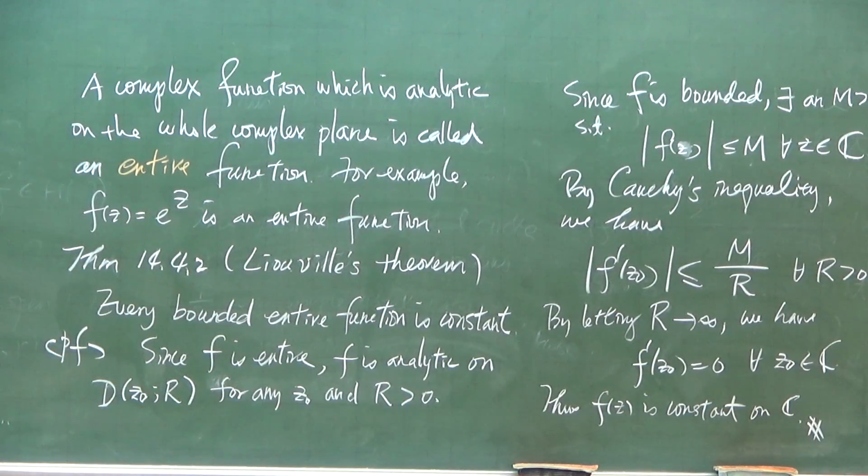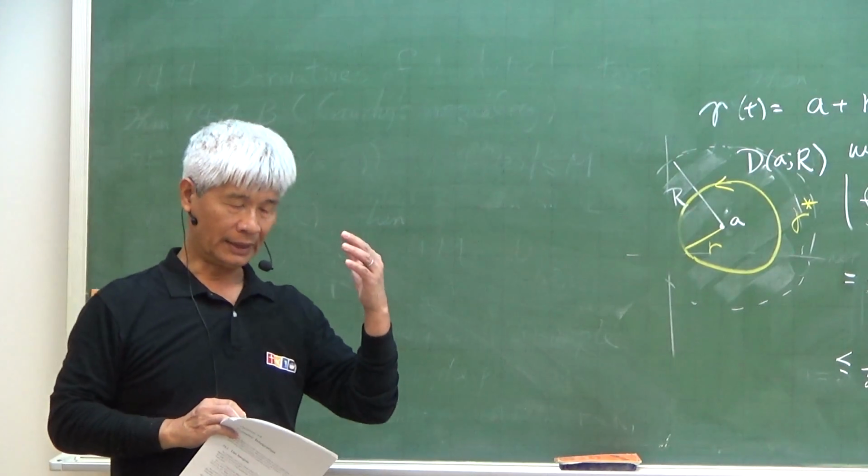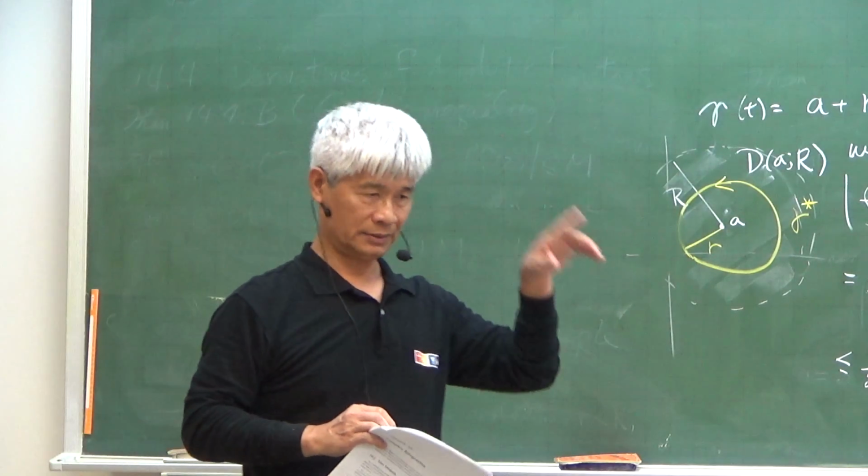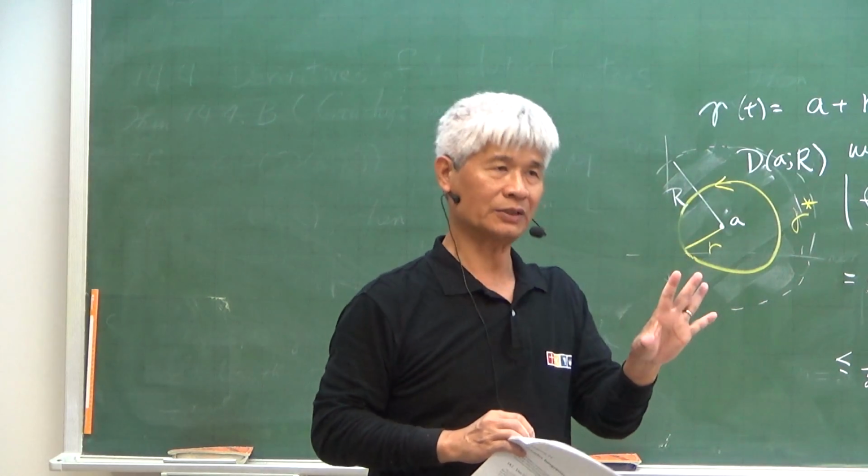Now the last theorem in this section is a kind of converse of the Cauchy integral theorem. Because remember, Cauchy's integral theorem says that if a function f is analytic in some open set, especially in the global Cauchy's theorem, then the line integral of this function around a cycle is equal to 0.